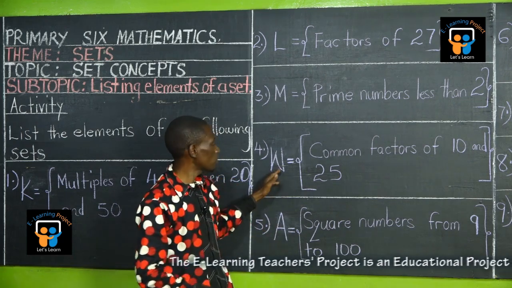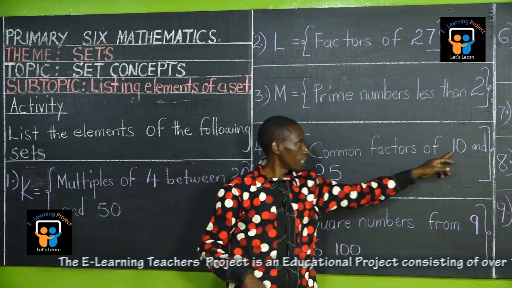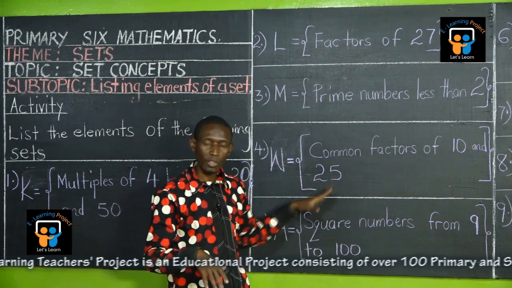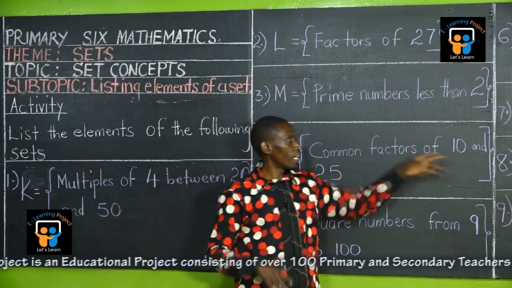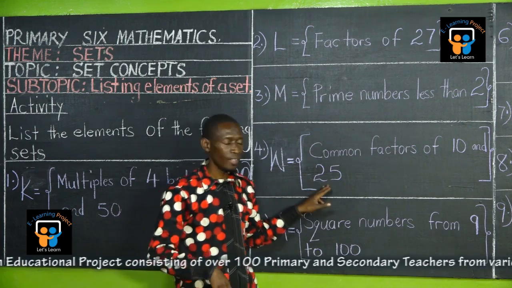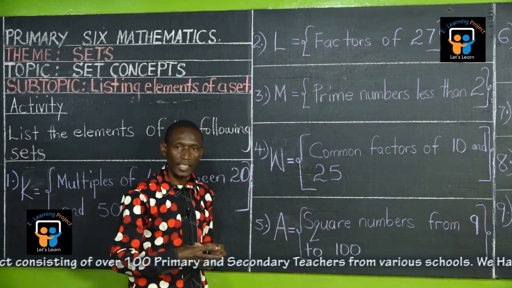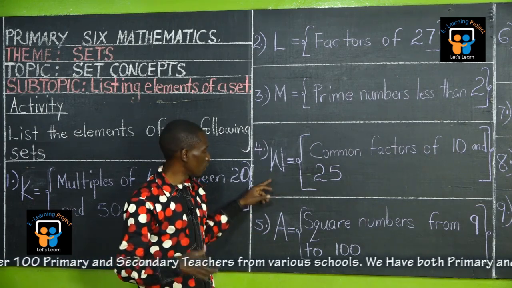But if you come to set W, there are two numbers. 10 has factors, then 25 has its own factors. Then observe which factors of 10 are again seen as factors of 25. They will be the common factors. Those common factors are the members of set W.